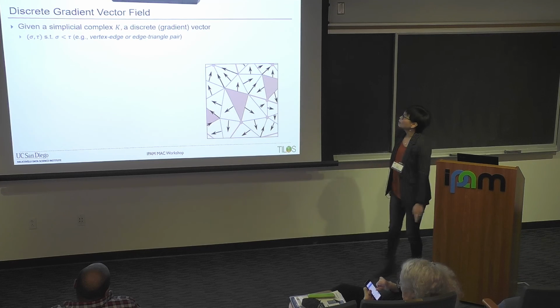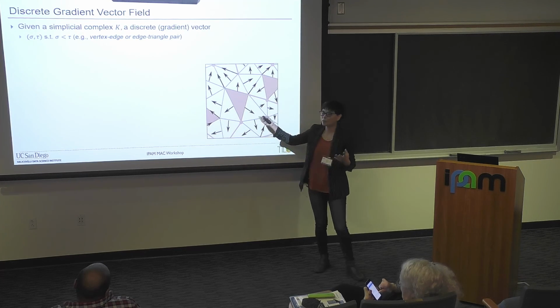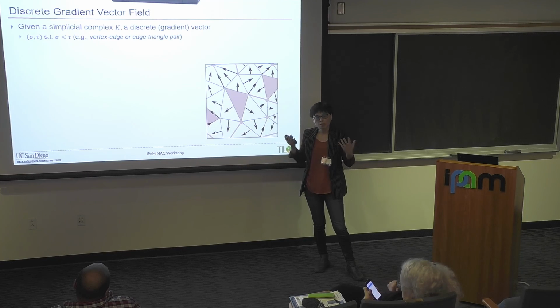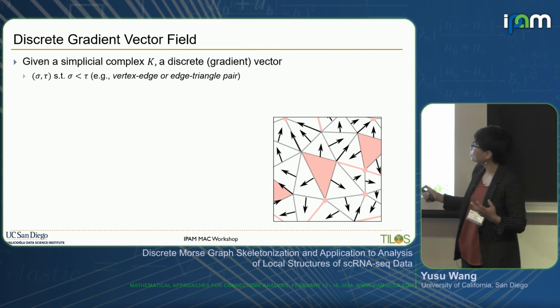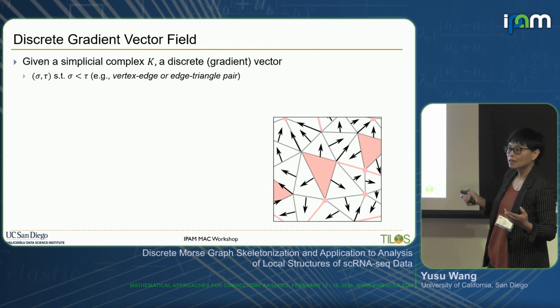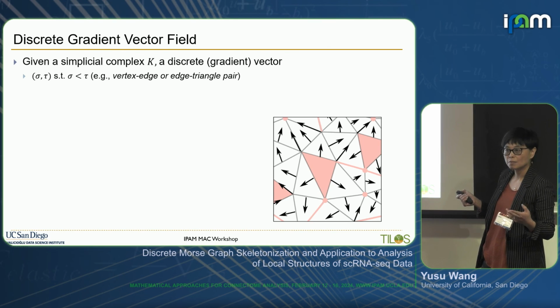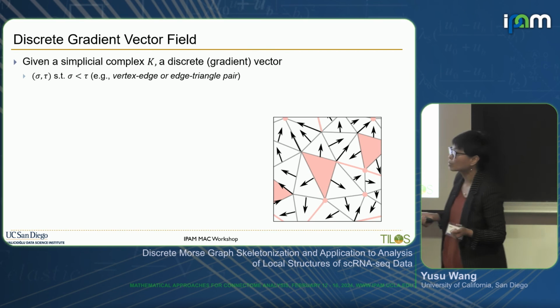Now, again, I don't have time to really describe discrete Morse theory in detail, just a high-level intuition. As I said, your input is, let's say for simplicity, a simplicial complex, but it doesn't have to be simplicial. His original work is also on more general cell complexes.